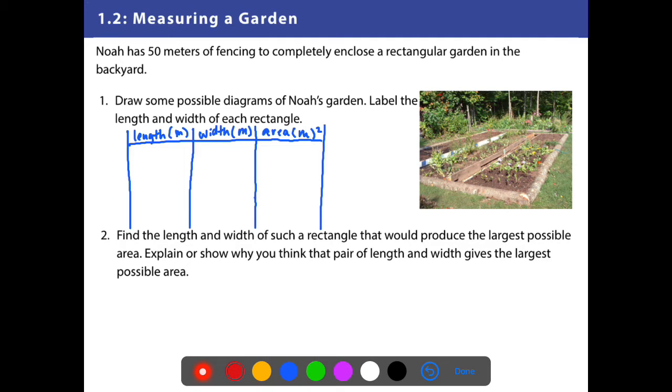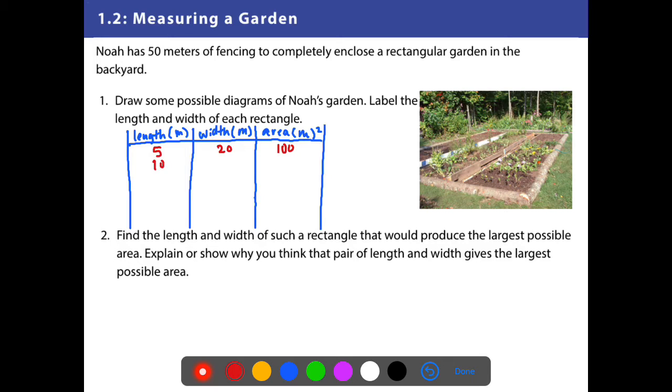So, if we were to fill this in, some examples would be a length of 5, width of 20, and the area would be 100. And you can pick your own numbers to plug into, but these are just a few.